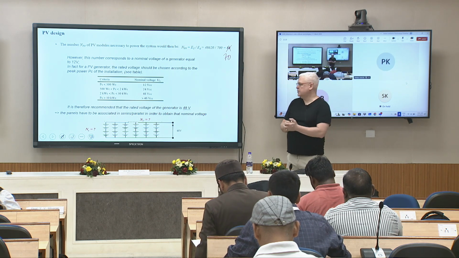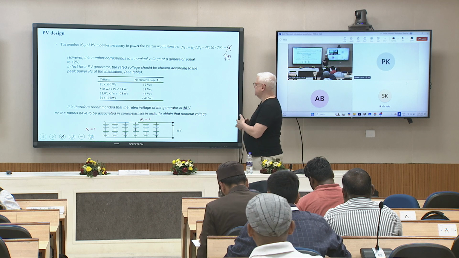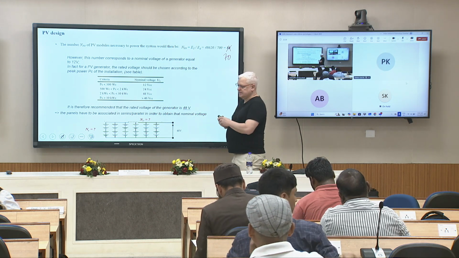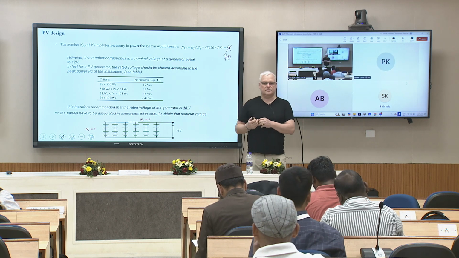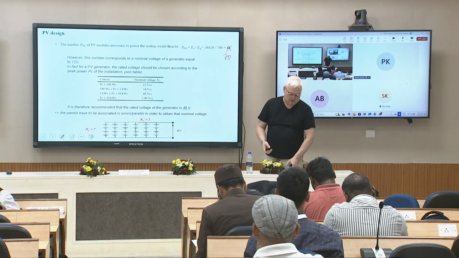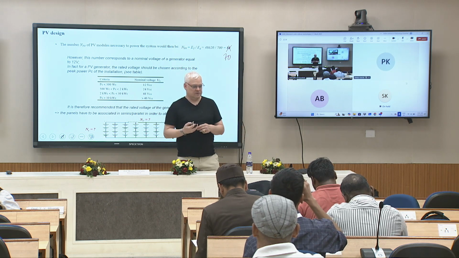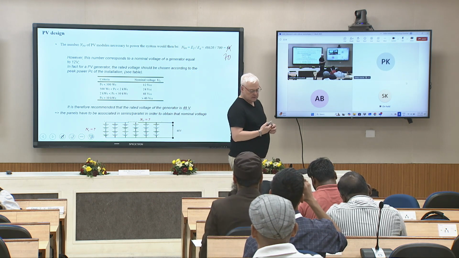So after, we have to integrate 70 solar PV panels of Siemens brand 140 with 12 volt at the terminals of the PV panels.